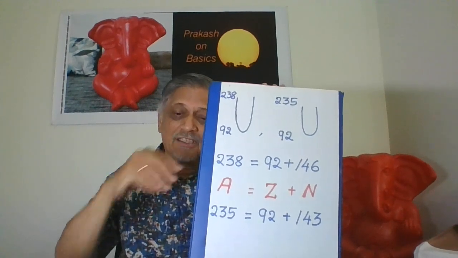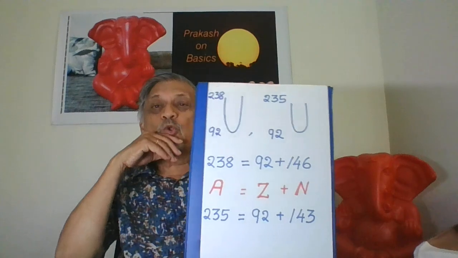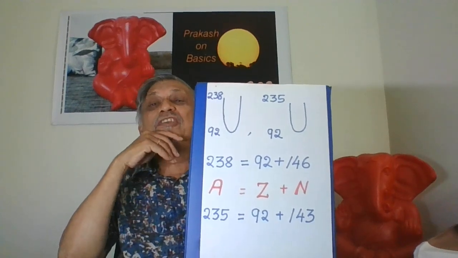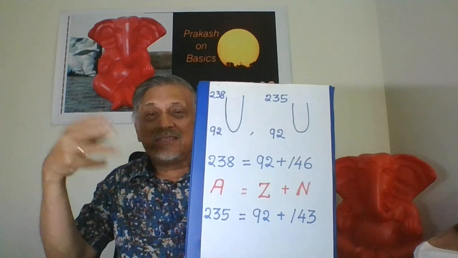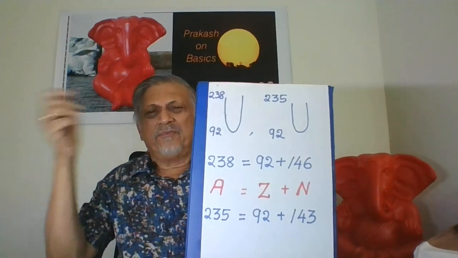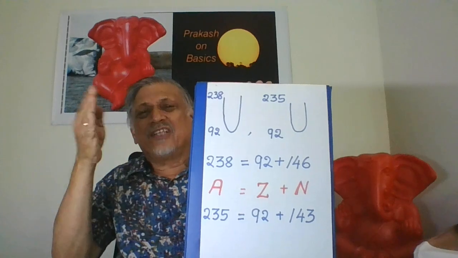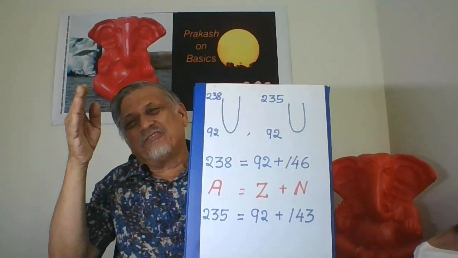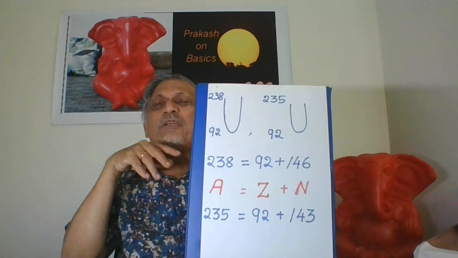But since the number of neutrons is different, their mass will be slightly different. So naturally, their physical properties or properties associated with mass, so many of them, will become slightly different. But the difference, as you can see, 238, 235, hardly any difference. So it's not going to be very large.